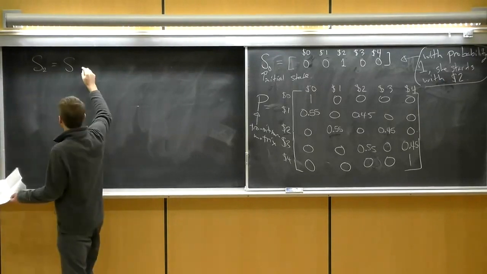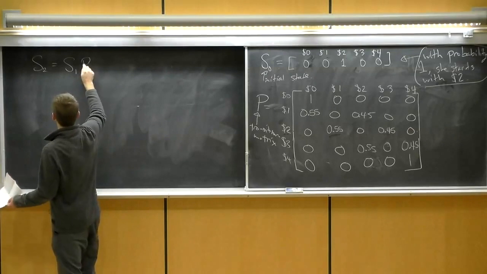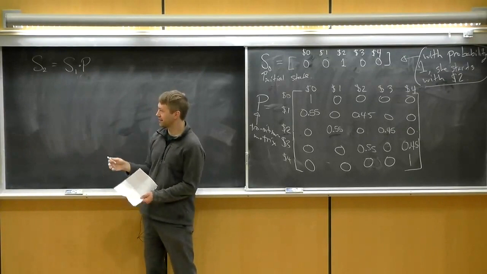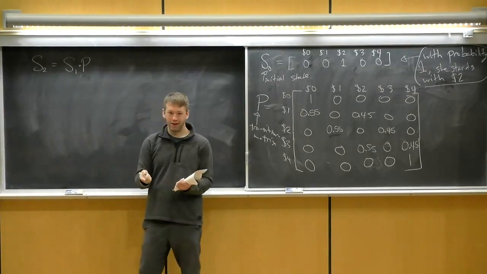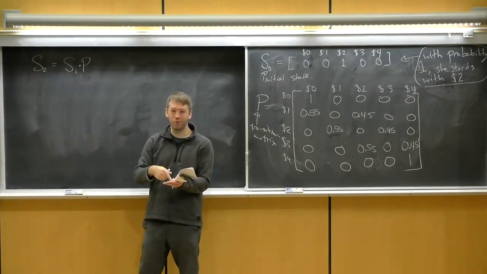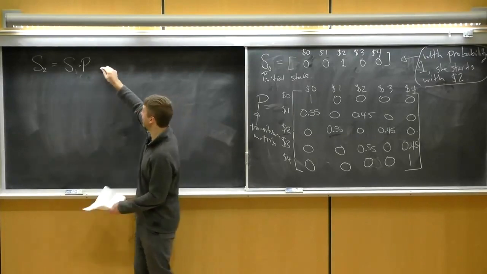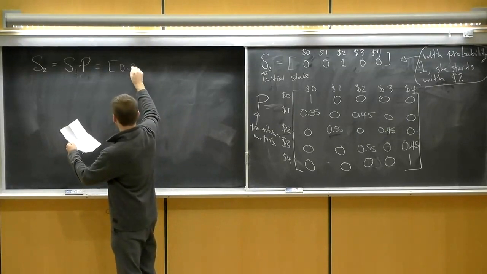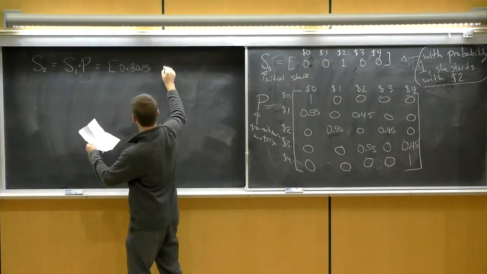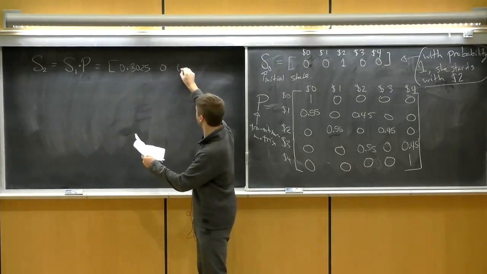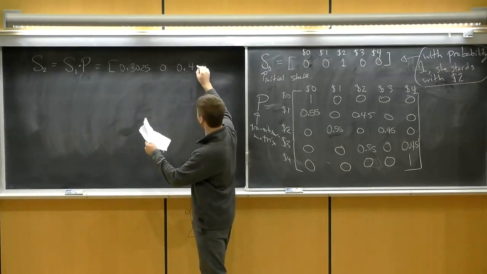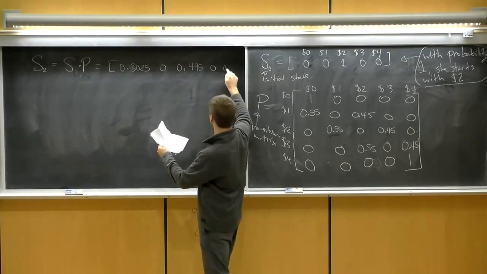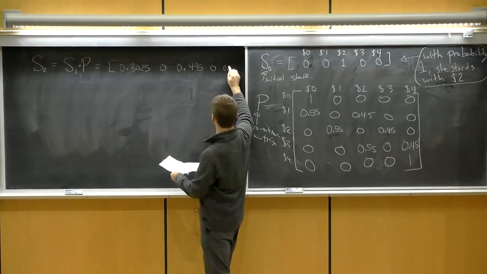You can also say this is the same as taking S1 times P on the right side, because for S1 I had to already multiply by P once, so this is multiplying by P again. And if you do the calculation, you'll see that this is 0.3025, 0.495, 0, and then 0.2025.